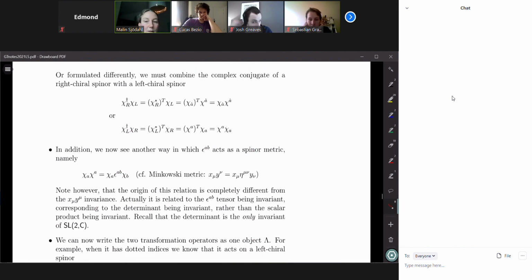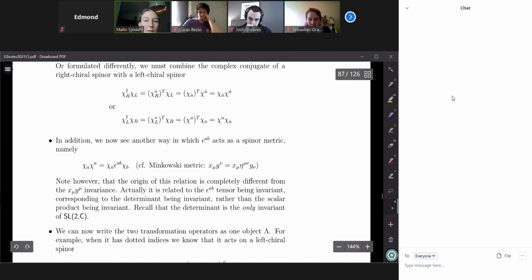And now, if you look at this, it looks fairly similar to this, which you recognize from the contraction of space-time vectors with the ordinary Minkowski metric. So you can see that the epsilon here plays the same role as the eta here. So this is another reason for calling this the spinor metric.